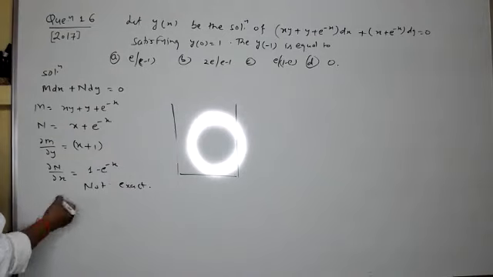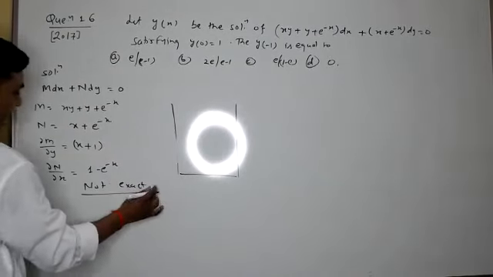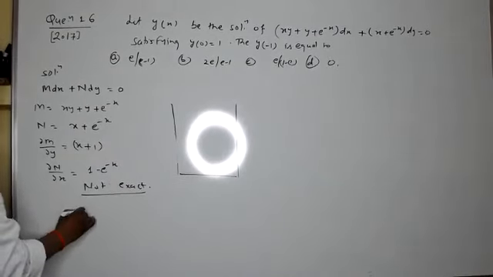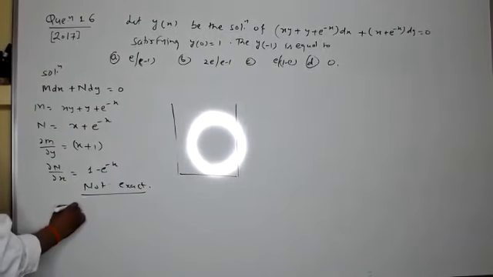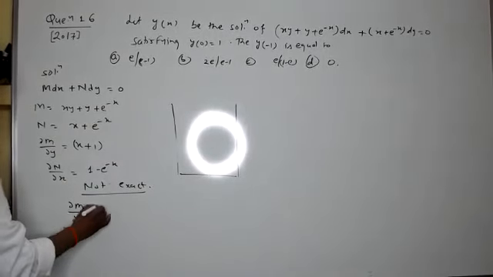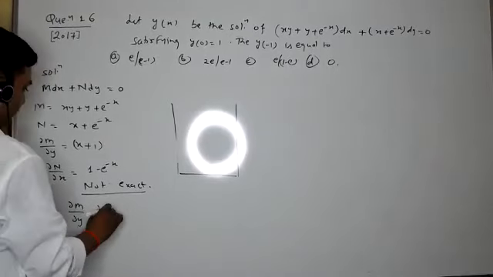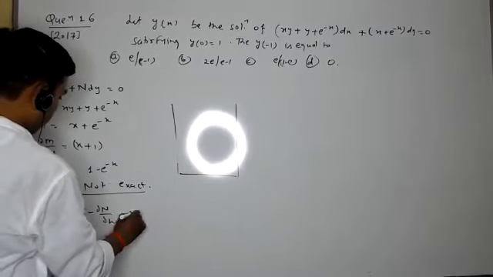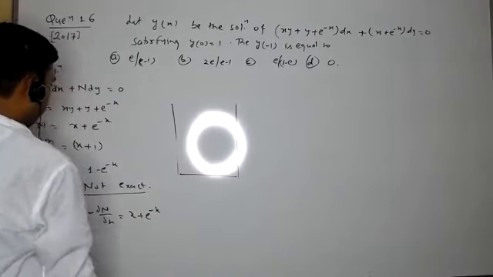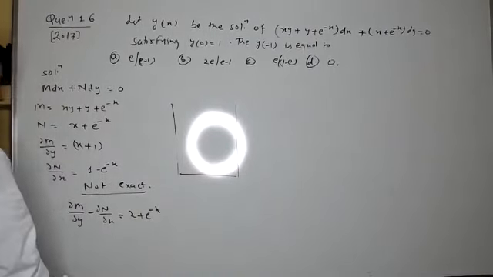Let's explore what can be done. If I wish to have the integrating factor, then derivative of M over y minus derivative of N over x gives x plus e raised to the power minus x.